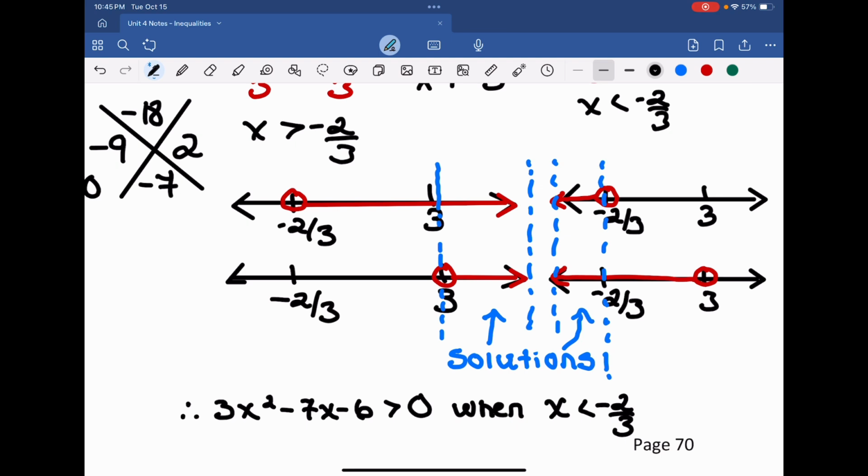There were red lines going in the same direction. The other situation was where they were both greater than 3. And so we're going to look at this and say, and x is greater than 3. There we go. There's our solution.